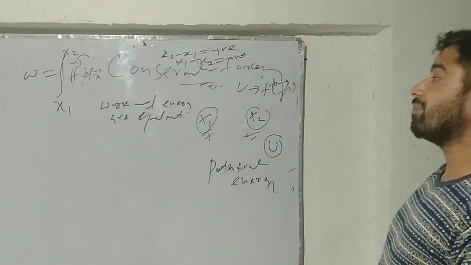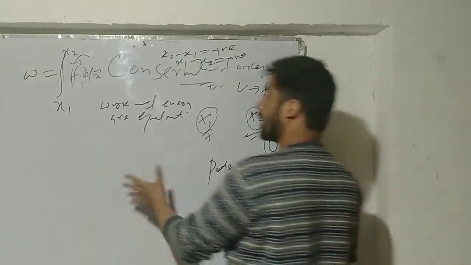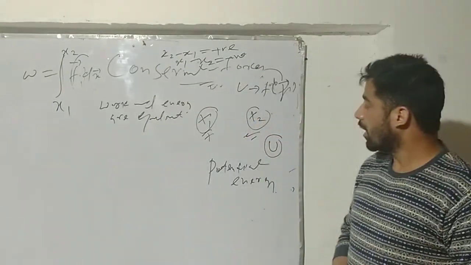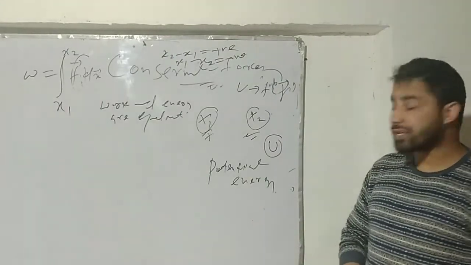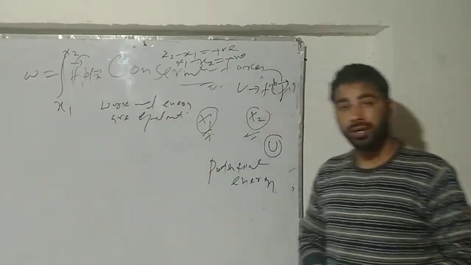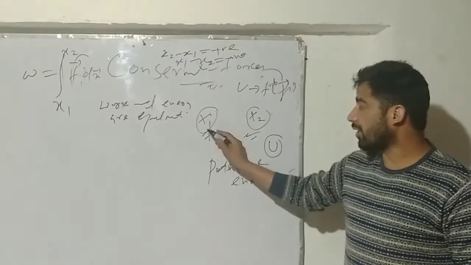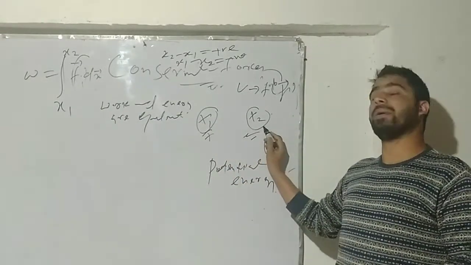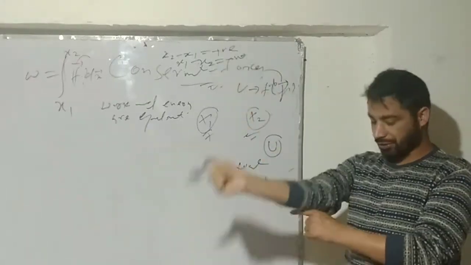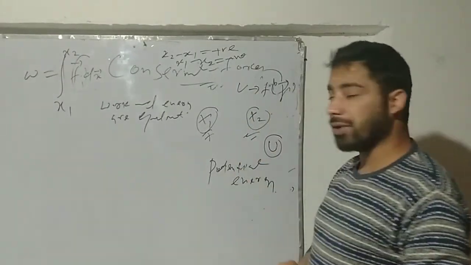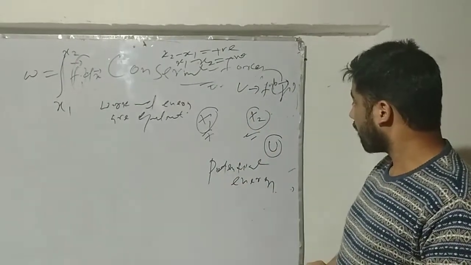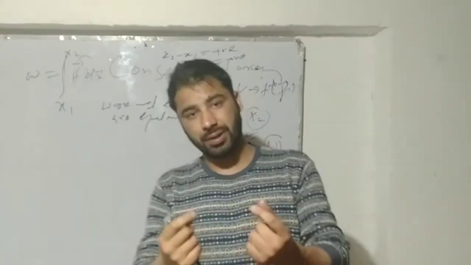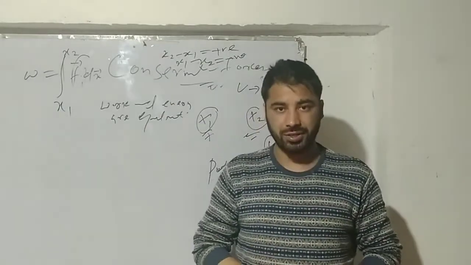So if I make the connectivity between the work and the potential energy, how can I look at this? I told you before, when we talk about potential energy, it depends upon the position. When it depends upon the position, the particle here will be associated with some potential energy. At some later time, my particle is here under the implementation of the force, and again it will be associated with an amount of potential energy.